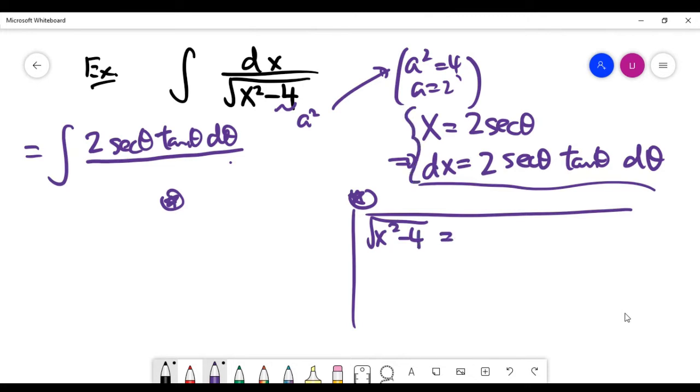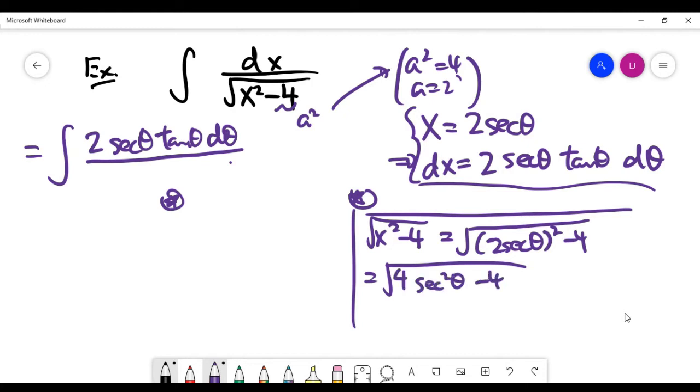Our substitution x equals 2 times secant theta works out because we can take out the square root successfully if we do the correct simplifications. After replacing x by 2 times secant theta, inside the square root is 4 times secant squared theta minus 4.